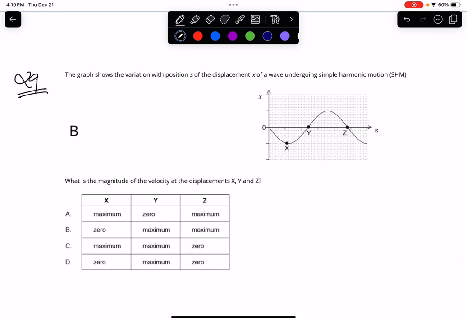Okay? So in this case, let's see. The graph shows the variation with position s of displacement x of a wave undergoing simple harmonic motion. So you have the position s and the displacement x of a wave of a graph undergoing simple harmonic motion. Okay.